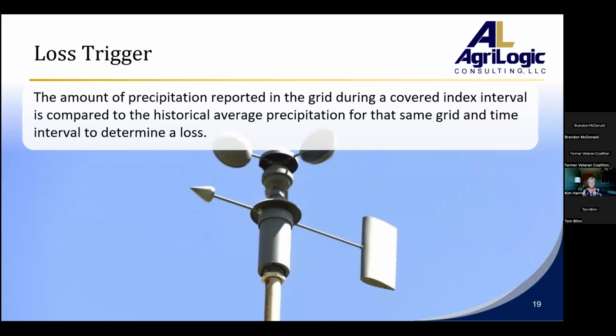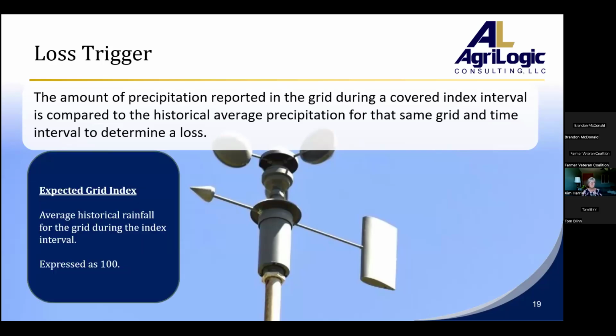So our loss trigger basically determines when a loss is triggered. The amount of precipitation that's reported in the grid is compared to the historical average to determine if the loss is triggered. So our expected grid index is a value that's expressed as 100.